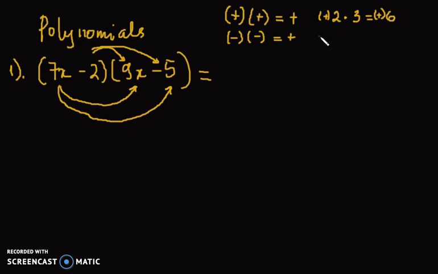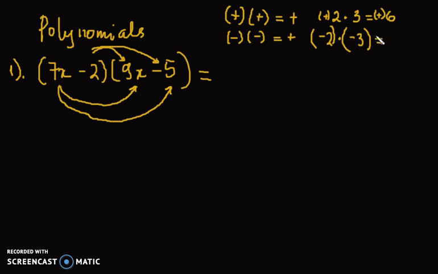So here I have -2 multiplied by -3. Now, these are acceptable, but I highly recommend you put these negative numbers inside a bracket.